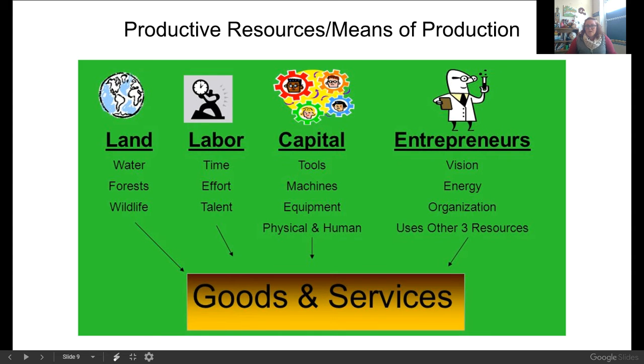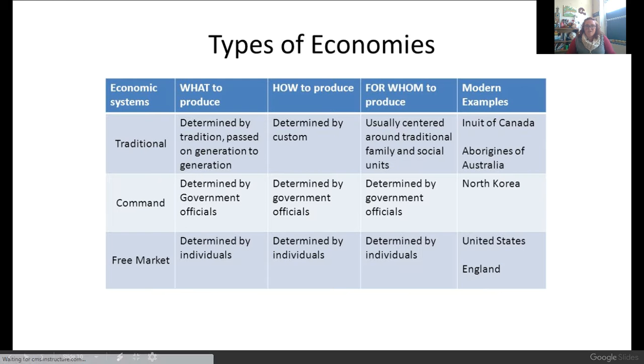So the entrepreneur at first works hard, and then eventually they don't have to work as hard anymore because they have labor to produce the goods and services for the entrepreneurs. And this is where capitalism comes into play.